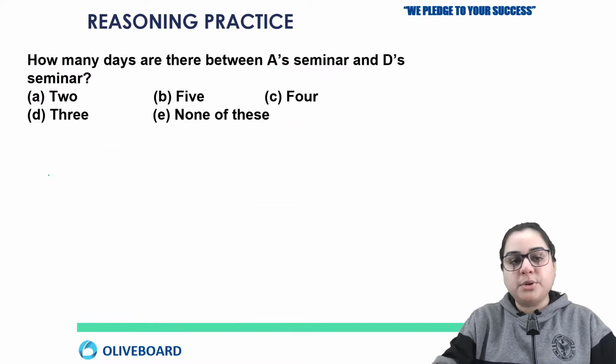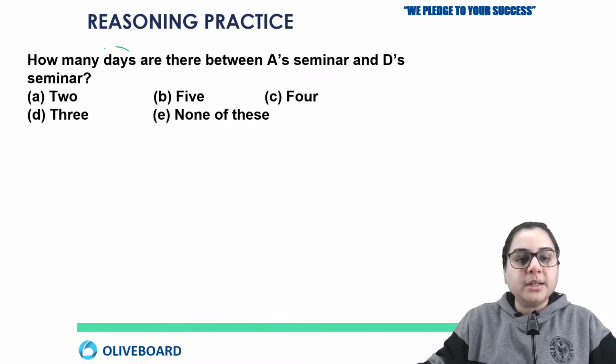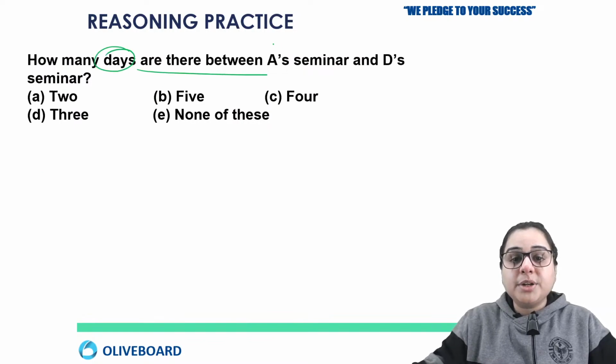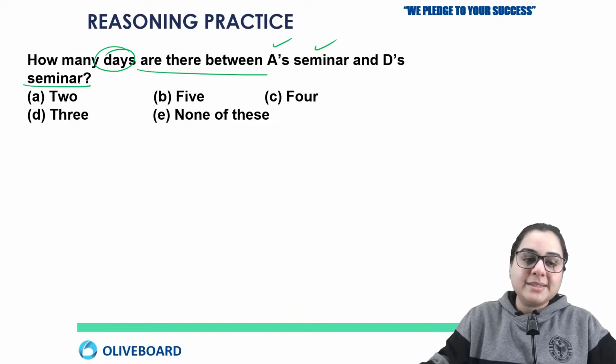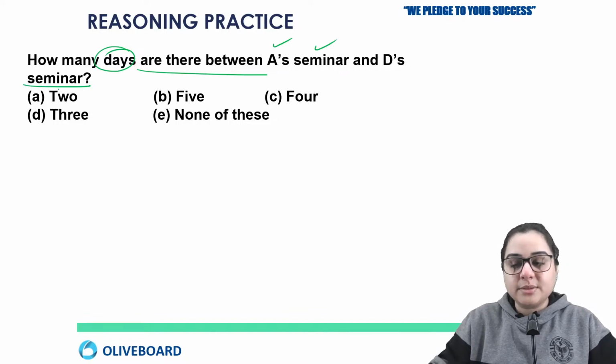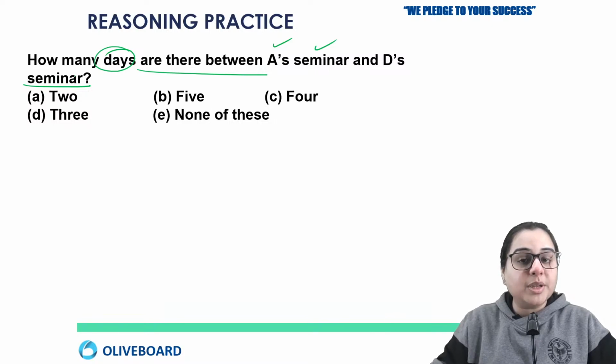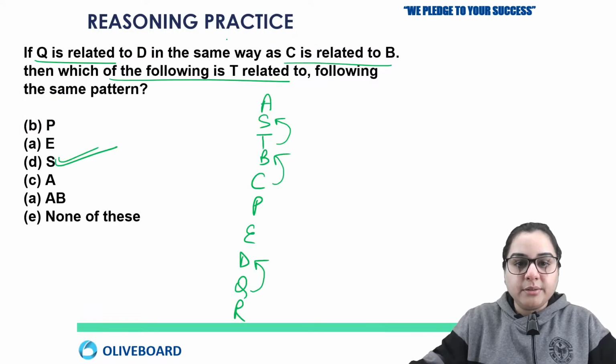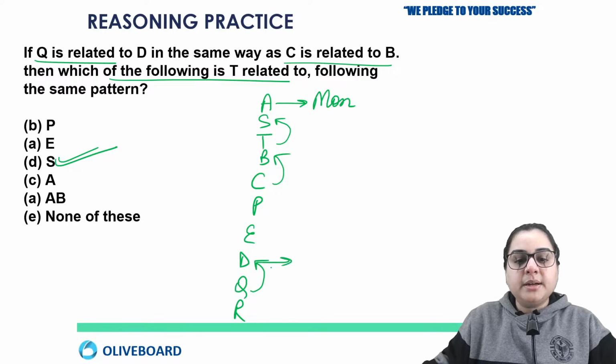I want your response. Now next question is: how many days are there between A seminar and D seminar? Now for this we need the solution. He's not asking how many seminars, he's asking how many days. So A seminar is on Monday and D seminar is on Thursday.